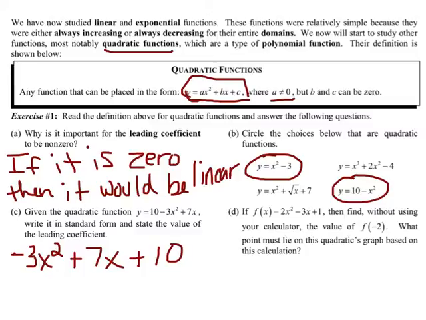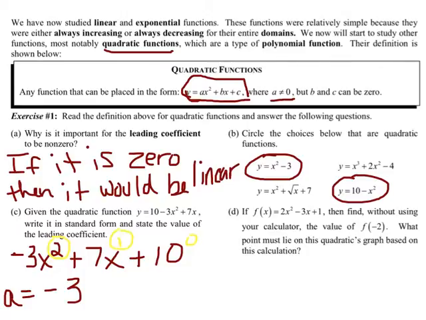Notice that my exponents are going down. So I went from 2 to 1 to 0. Now my leading coefficient is going to be negative 3. So my a would equal negative 3.